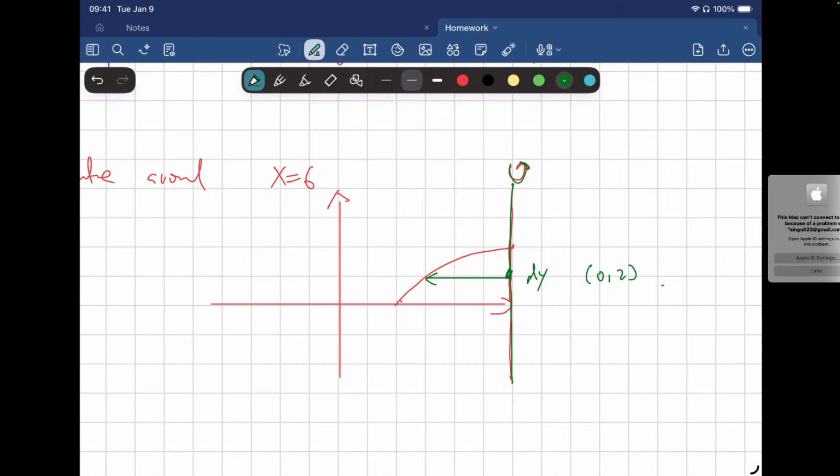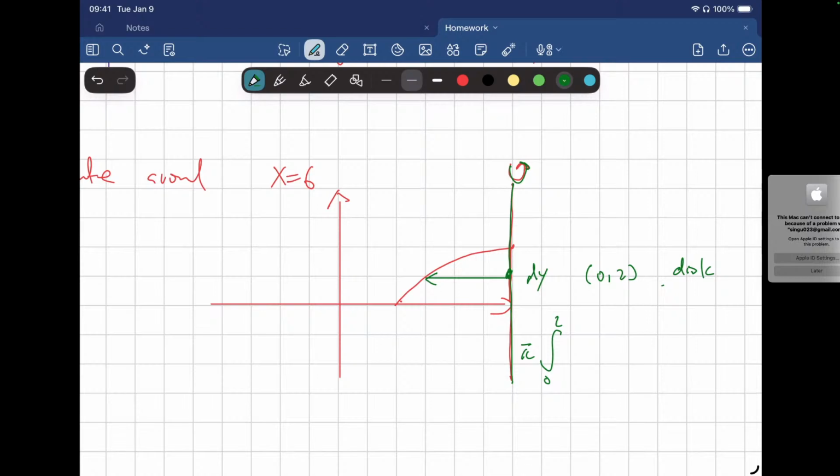Now, is this a washer or a disc? We already talked about this, a disc, right? The problem is this disc is kind of hard. There is a pi and between 0 to 2. So what is the radius here? What is the green line here?